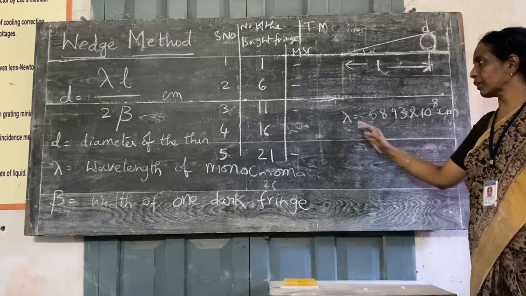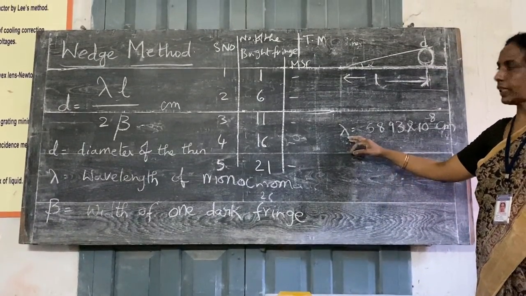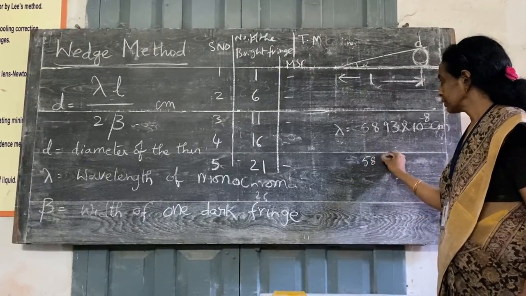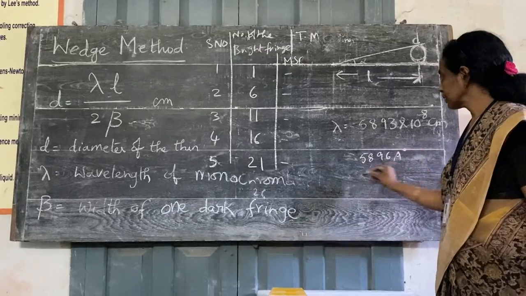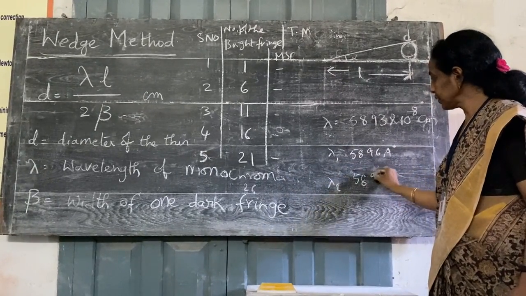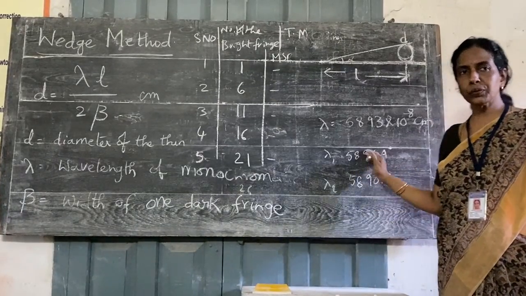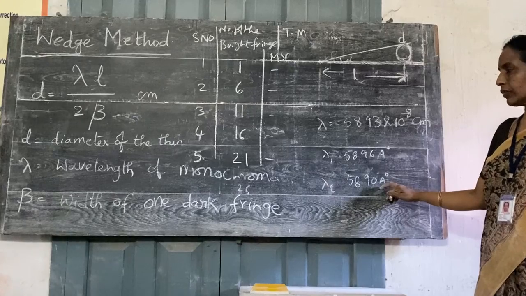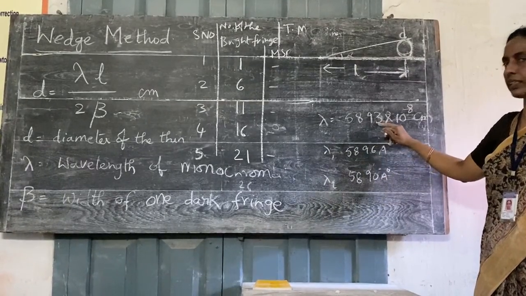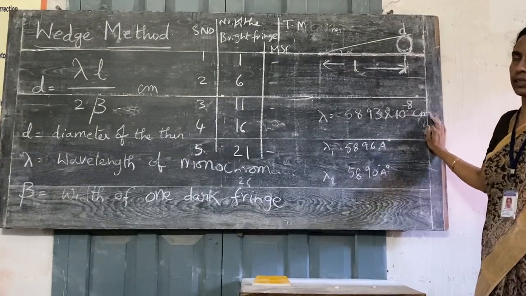Lambda is the average value of the two wavelengths of the sodium vapor lamp, 5896 angstroms and 5890 angstroms. We will take the average of these two wavelengths as 5893 angstroms, that is 5893 into 10 power minus 8 centimeters.